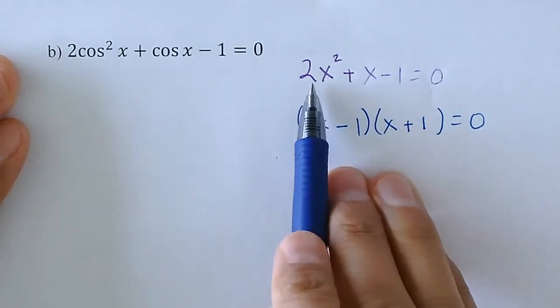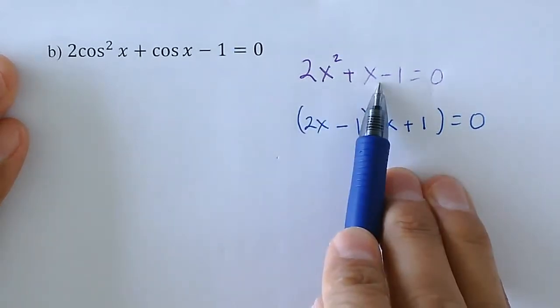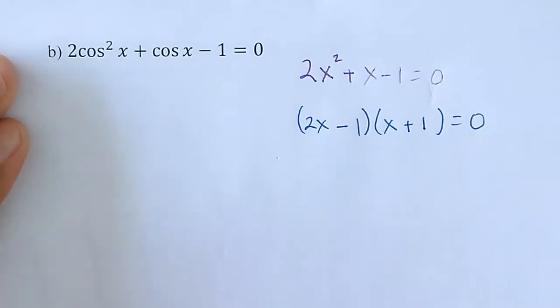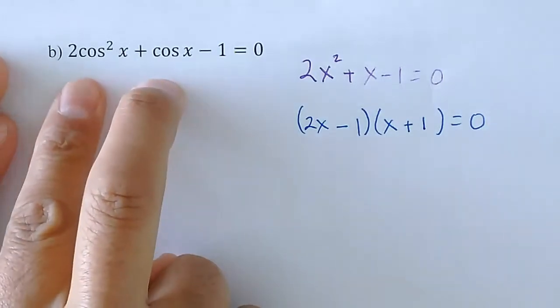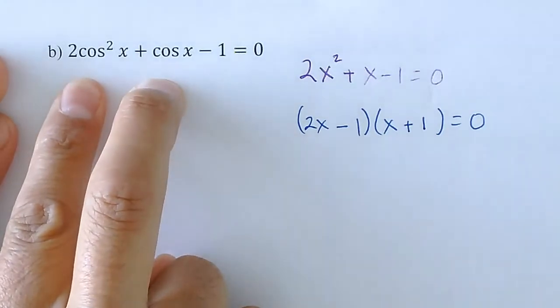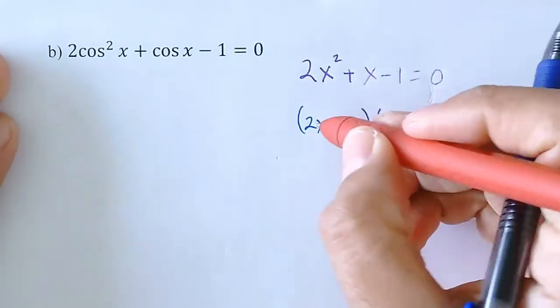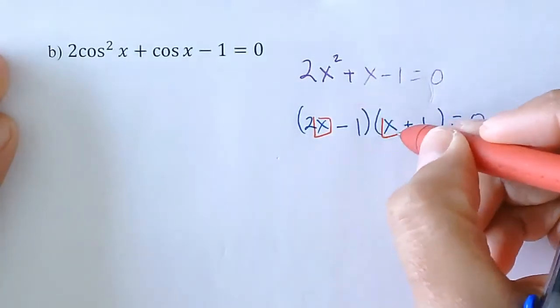Now, if I see this equation, the type of factoring will be the same. Instead of having x, because that's the variable here, I have cosine, because that's the variable function there.